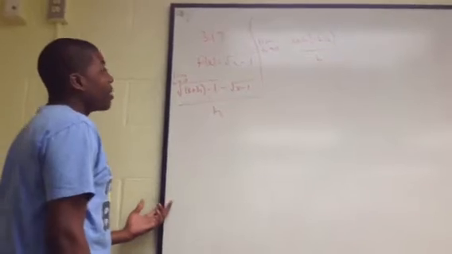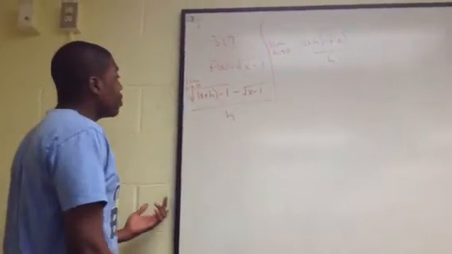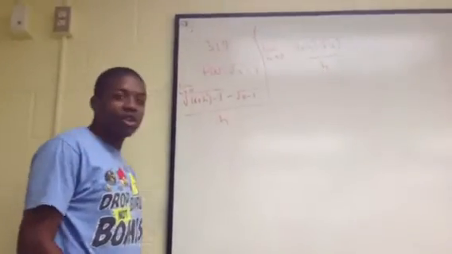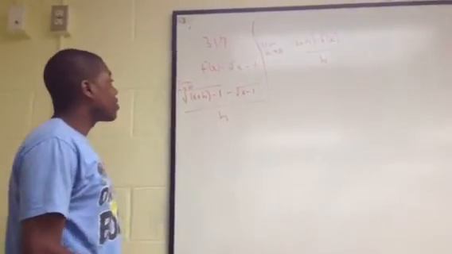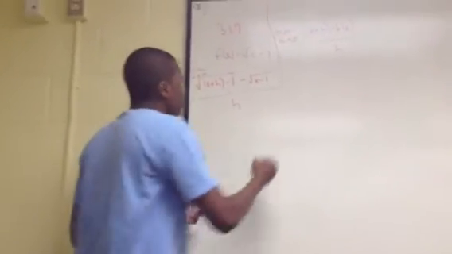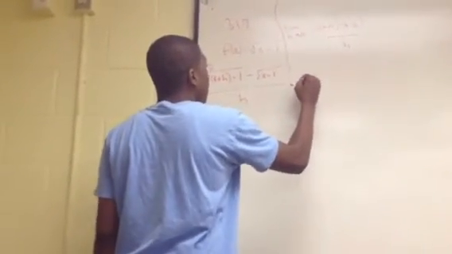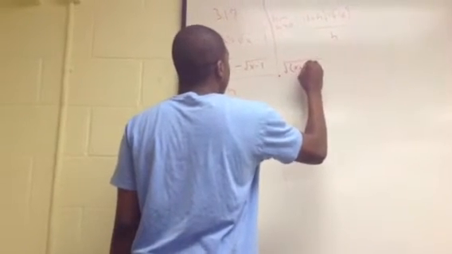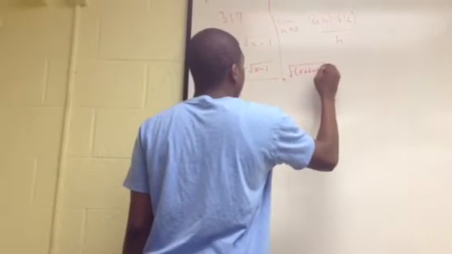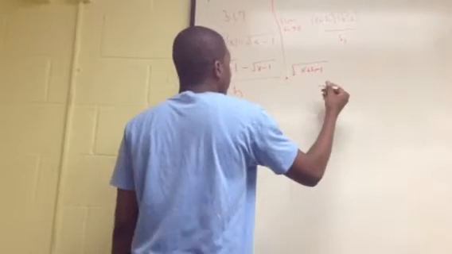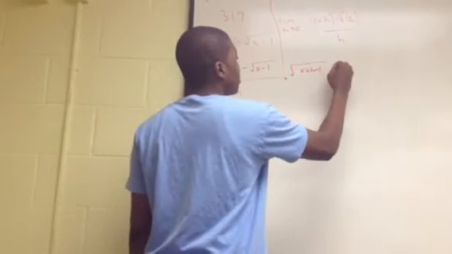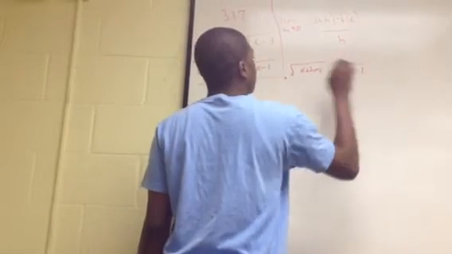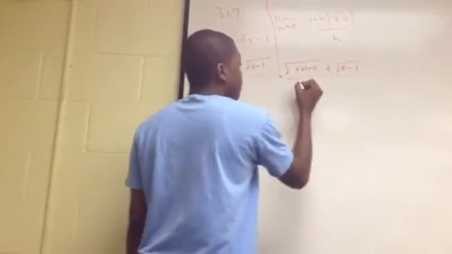Okay, so how can we do this problem? Seems like a rather complex problem. So what we have to do is multiply by the conjugate. If you learned in earlier math courses, it's to get rid of radicals. So you multiply the whole thing by the conjugate, which is the square root of x plus h minus 1 plus the square root of x minus 1, all over this same thing.